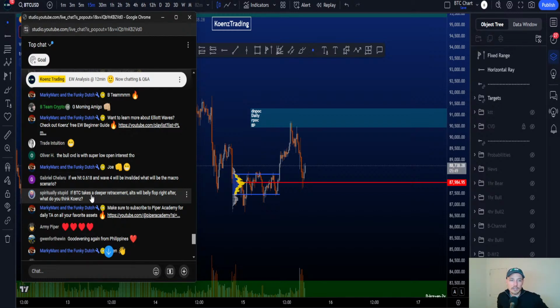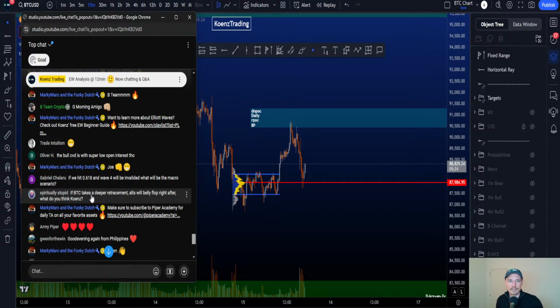Now, if Bitcoin is going to continue ranging in a bigger wave 4, and therefore move sideways, then your alts first of all have an opportunity to move more explosively, but generally alt season comes after a bigger Bitcoin push, no?